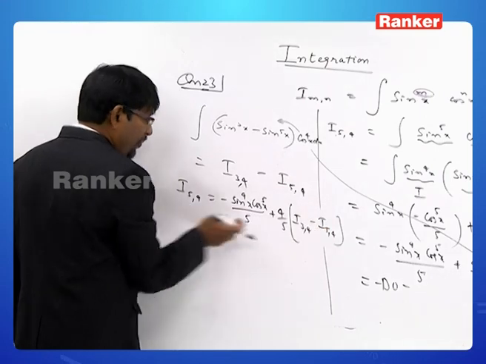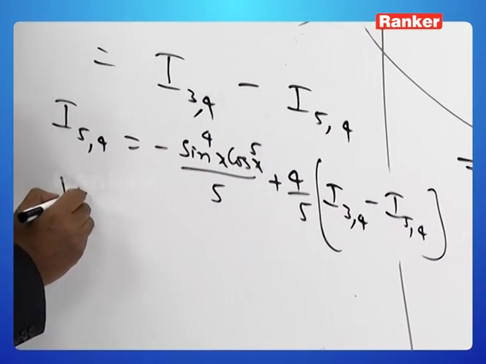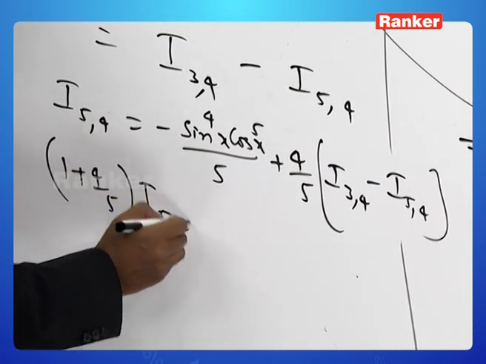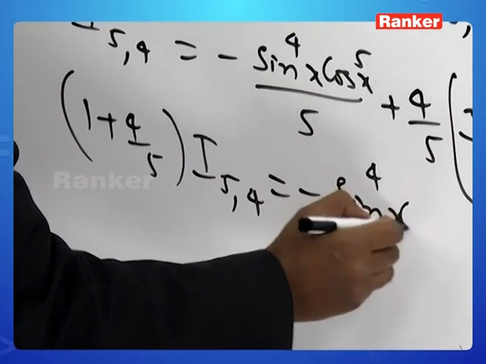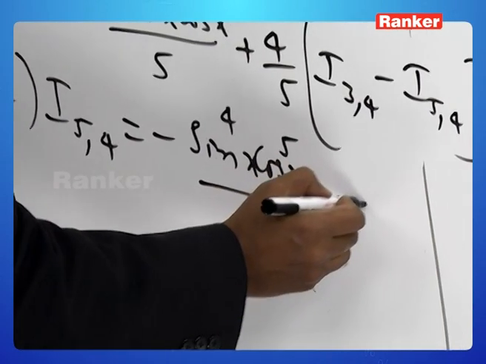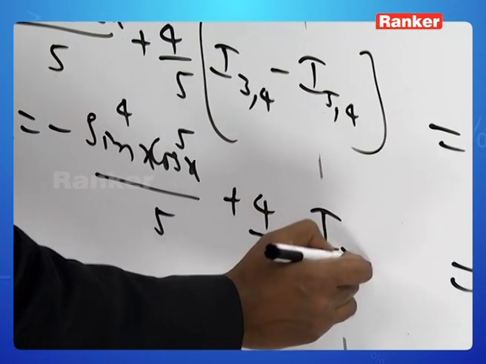This I54 I'll club it here. So I'll get 1 plus 4 by 5, that is 9 by 5 into I54 is equal to minus of sin x power 4 into cos x power 5 by 5 plus 4 by 5 times of I34.